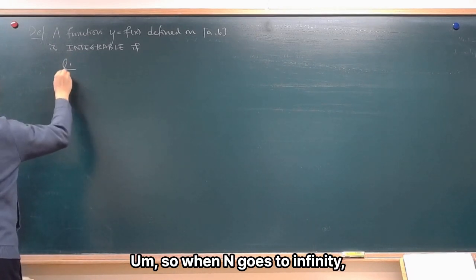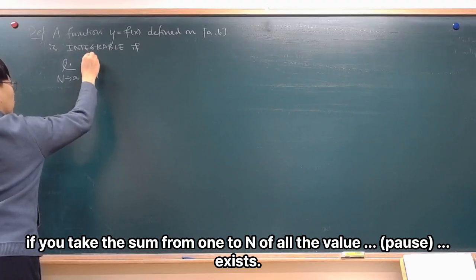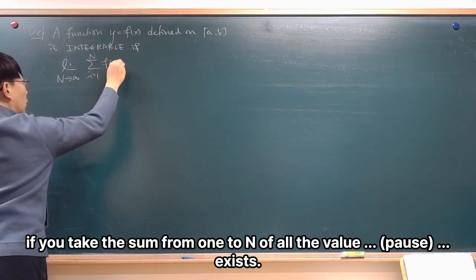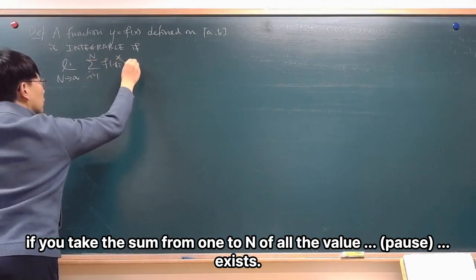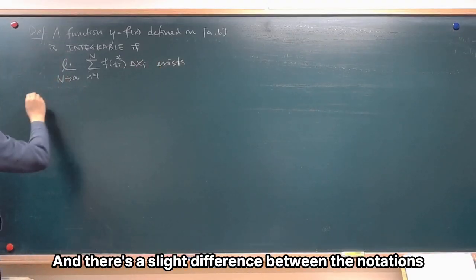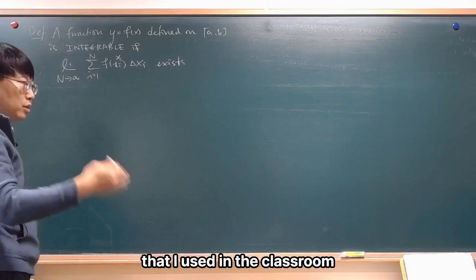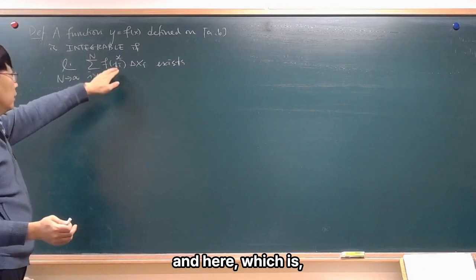So when n goes to infinity, if we take the sum from 1 to n of all the values, exists. There's a slight difference between the notations that I used in the classroom and here.